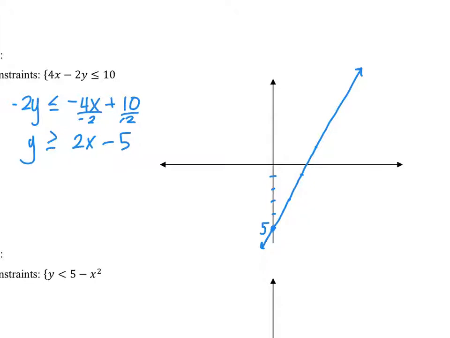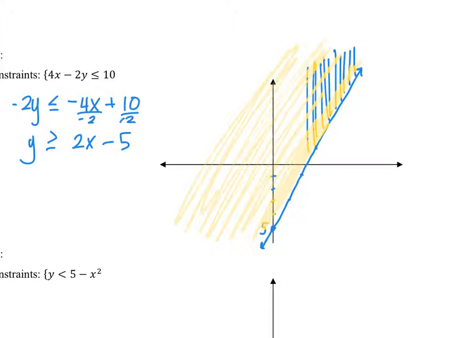And now the shading is greater than. So I usually start on one end and I make sure I'm shading up. Okay, so greater than would be the upper portion, or if you wanted to highlight, you'd be highlighting that side to show your shading.